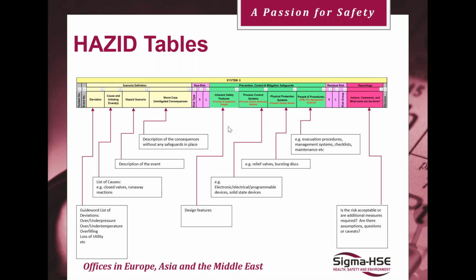So once we've got the safeguards in place, we know what they are, we know if there's any gaps there, and we know where you've been spending your money. We can see now where that money is actually giving you the most benefit, because we'll recalculate the risk in terms of the residual risk, how good those have been, and therefore whether you need to spend a little bit more money or whether your risks are as low as reasonably practicable.